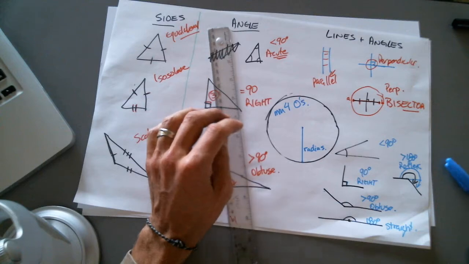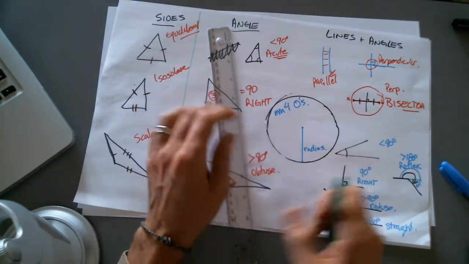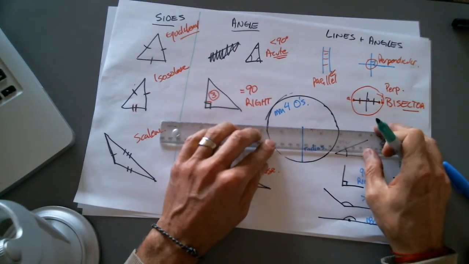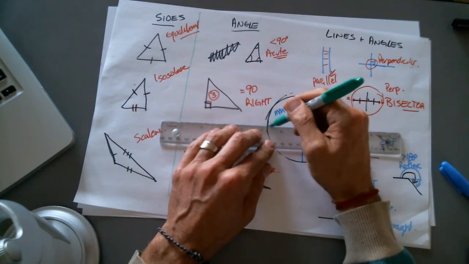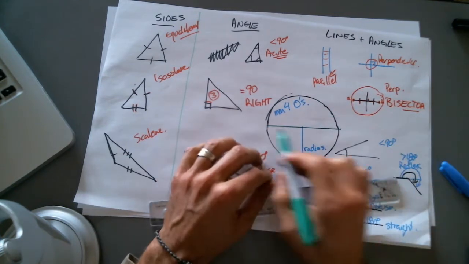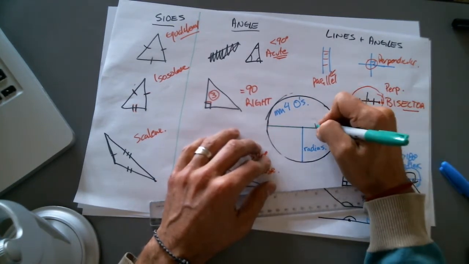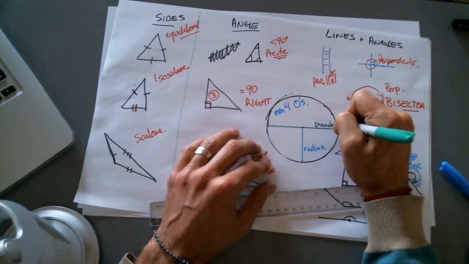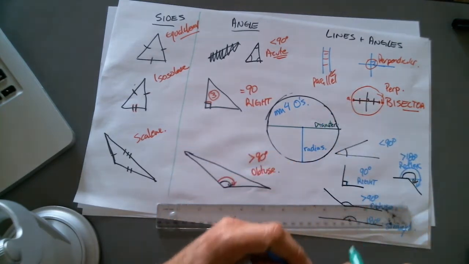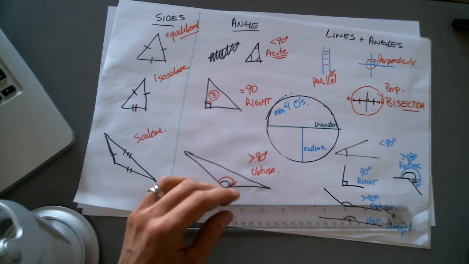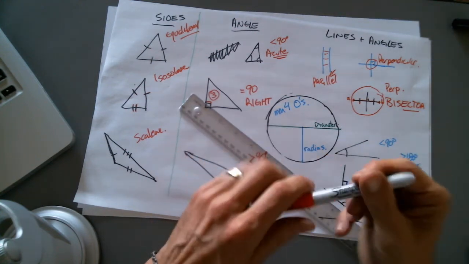Now you guys aren't going to put any writing on your art. It's just the pictures. The line that goes across is a diameter. You can put some radiuses on, some diameters. It's up to you.